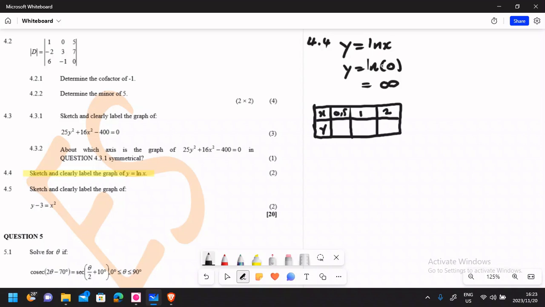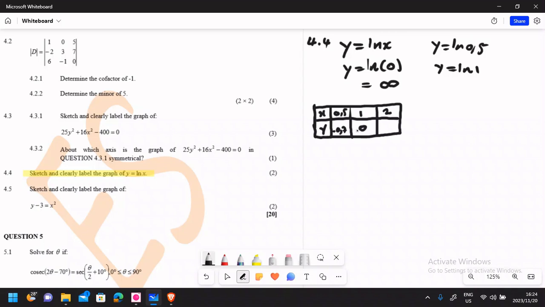If we substitute 0.5, let me just do it here anyway. If y equals natural log 0.5, what is our y? So our y is going to be negative 0.7. It's actually 0.69 something, but you can round it off to 0.7. Then if you substitute 1, natural log 1, the answer is going to be 0.